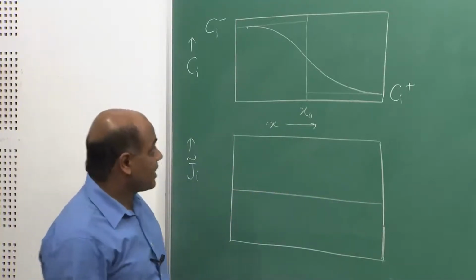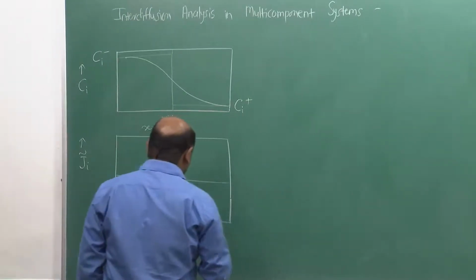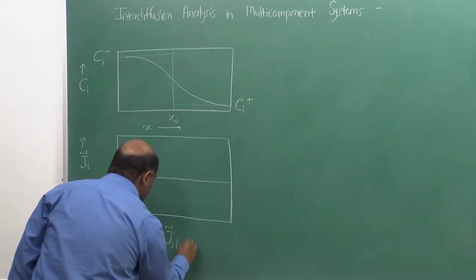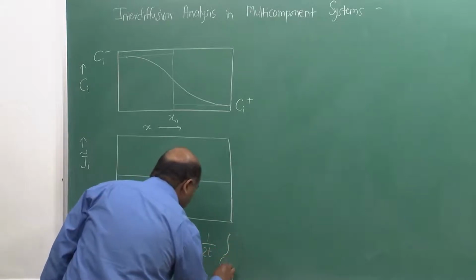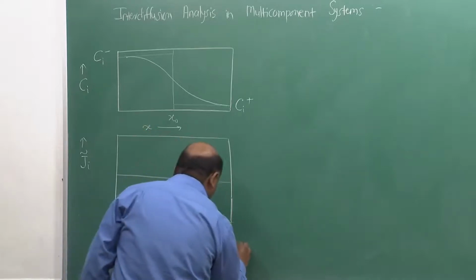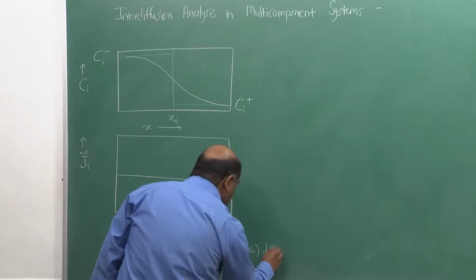We derived the formula for J̃i at x equal to 1 over 2t times the integral from Ci minus to Ci at x of (x minus x naught) dCi.